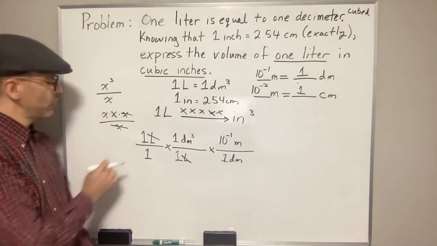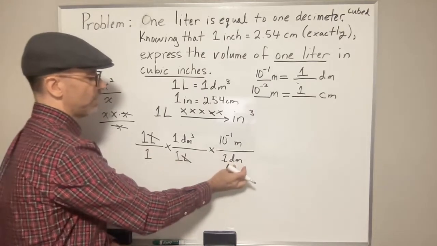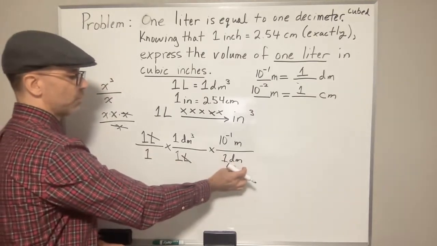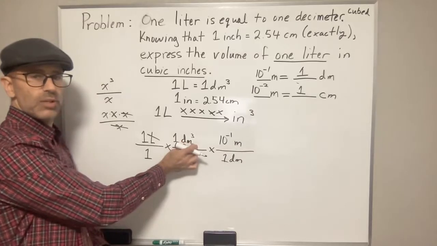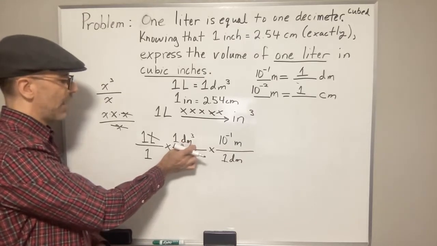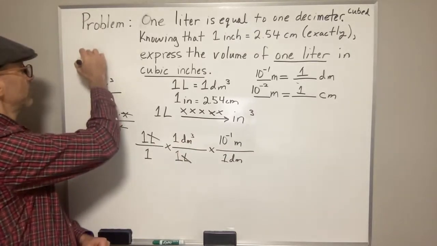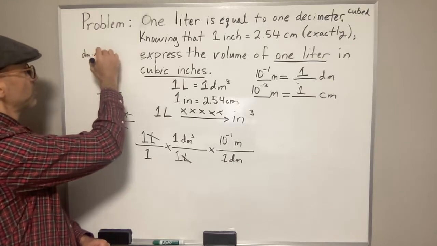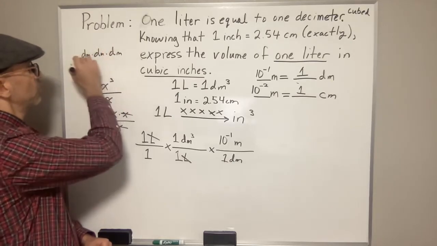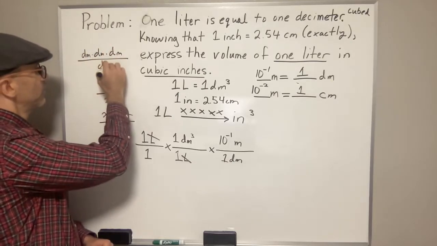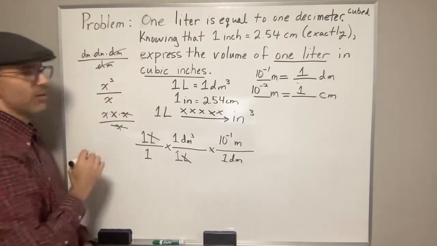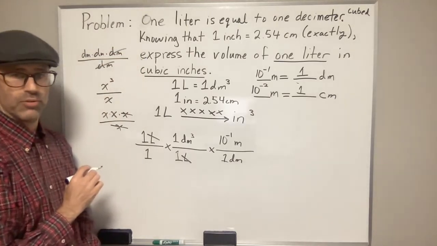Same thing here. I have 1 decimeter here, and it is only going to cancel out with 1 of the 3 decimeters on the top. That's like having decimeter times decimeter times decimeter over decimeter, so that cancels out one of those.